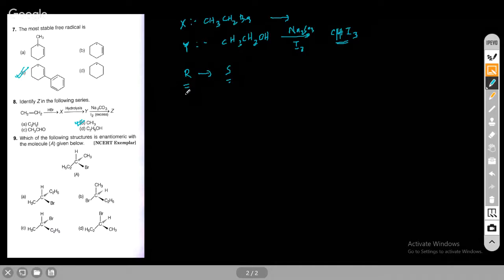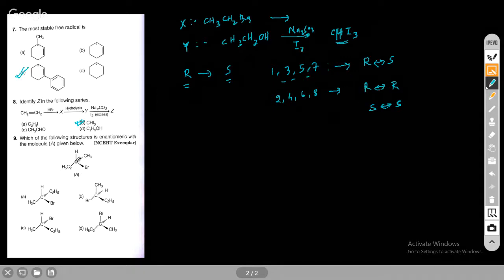Whenever we have an odd number of exchanges, 1, 3, 5, 7, the configuration changes from R to S or S to R. If even number of exchanges is there, then there is no change. If R is the configuration, then it will be R only. If it is S, then S only. We have discussed this already.